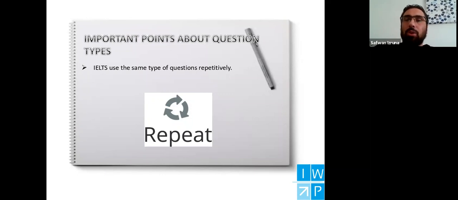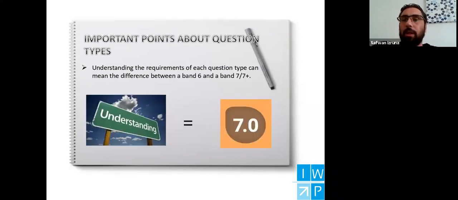Okay, so of course, learning the different question types and about them is important. Each of the question types has different requirements and ways of dealing with them. So if you know the different question types and the requirements of them, of course, it will make a big difference in your mark.